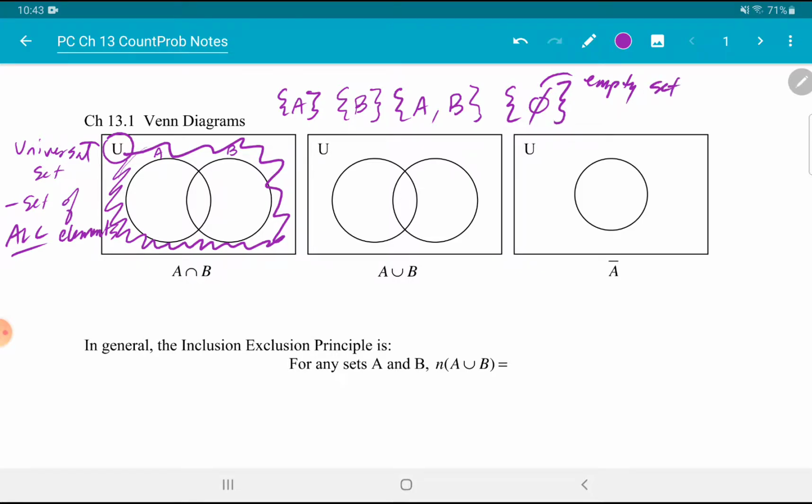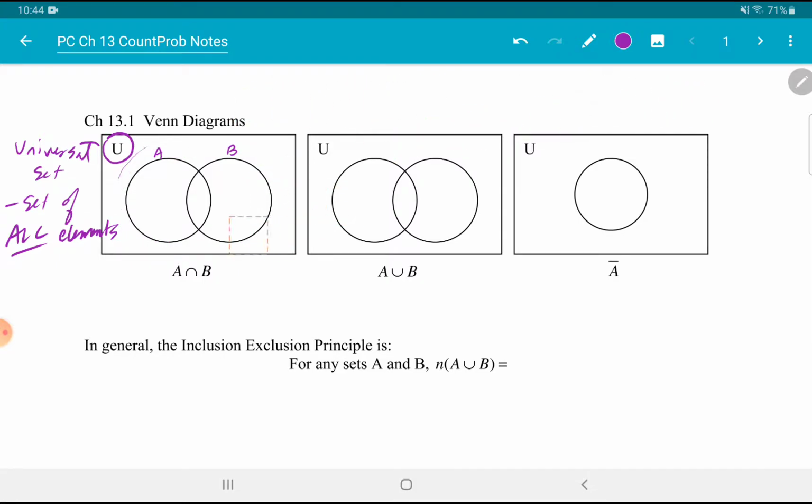So I'm just giving you some different scenarios that may come into play as you're taking a look at these Venn diagrams. Now, the three diagrams that you see down below are actually very specific situations. Now, if we again take a look at A versus B, and you see the symbol here, this means that you're looking for the intersection of A and B. And the intersection is basically where A and B overlap.